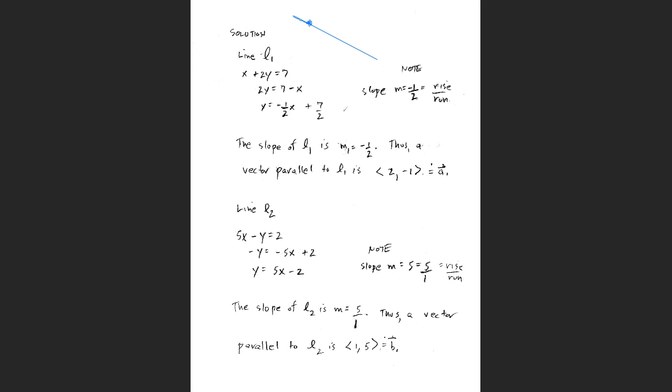This means that if I move 2 units to the right and 1 unit down, I'm back on the line, right?